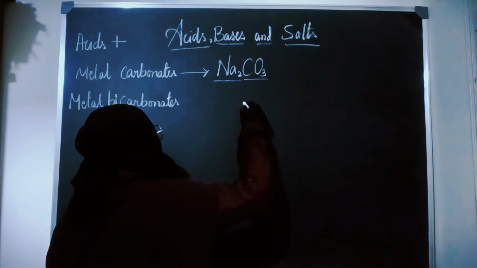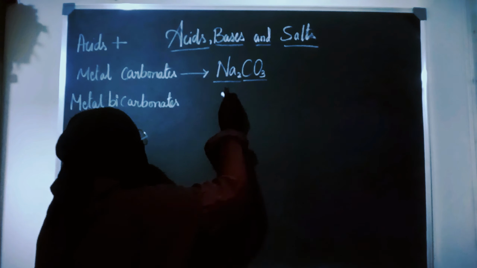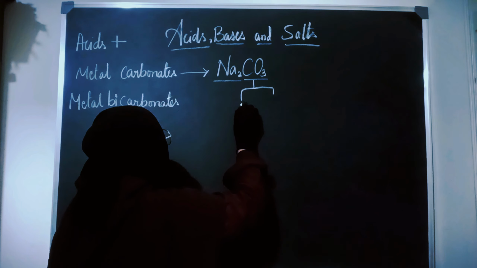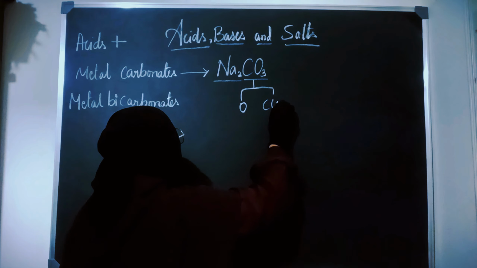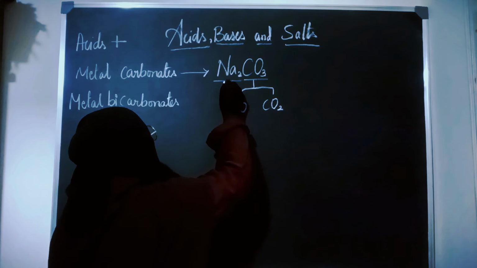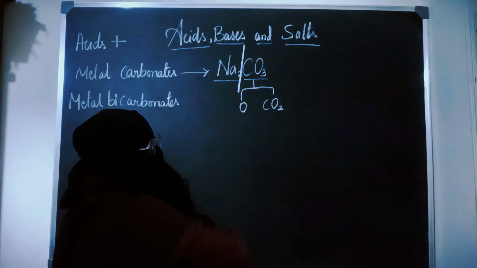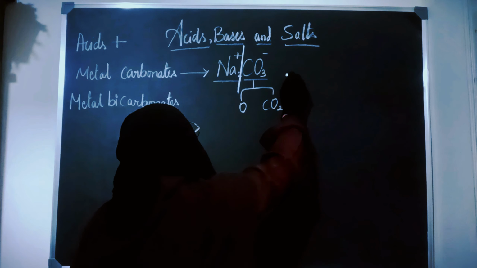Students, one thing we need to note: CO3 can be split as O and CO2. Now if I break this molecule into the respective ions, I will get Na plus and CO3 minus.